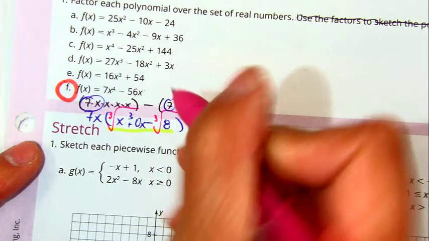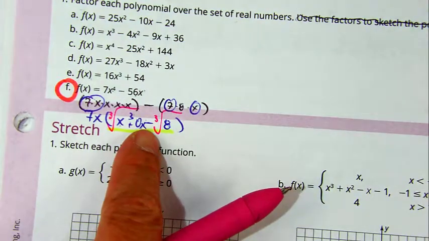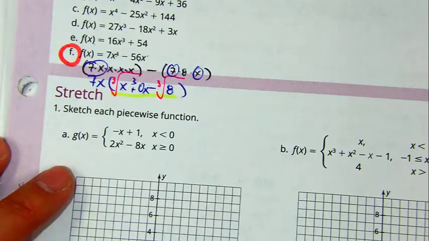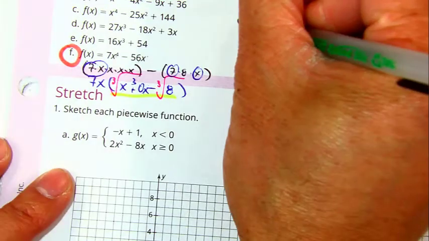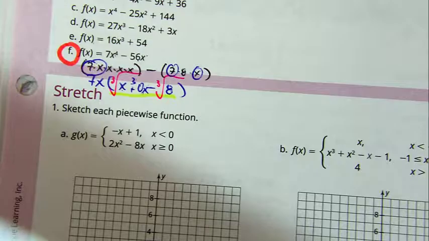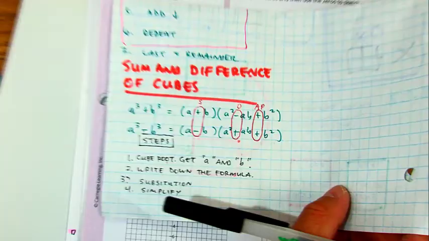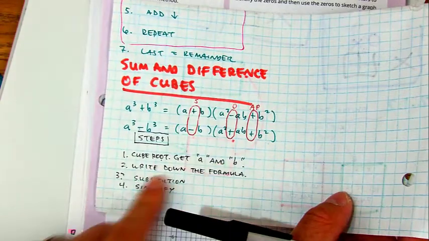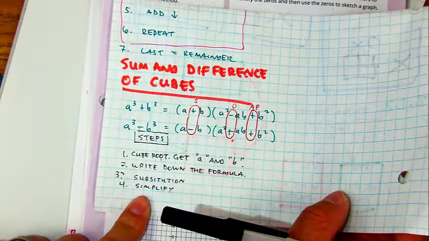Did you guys notice I'm not taking the cube root of negative 8? It's just 8. So we learned Thursday's lesson. Take the cube root, get A and B, write down the formula, substitute, and simplify, and make sure to use SOAP.